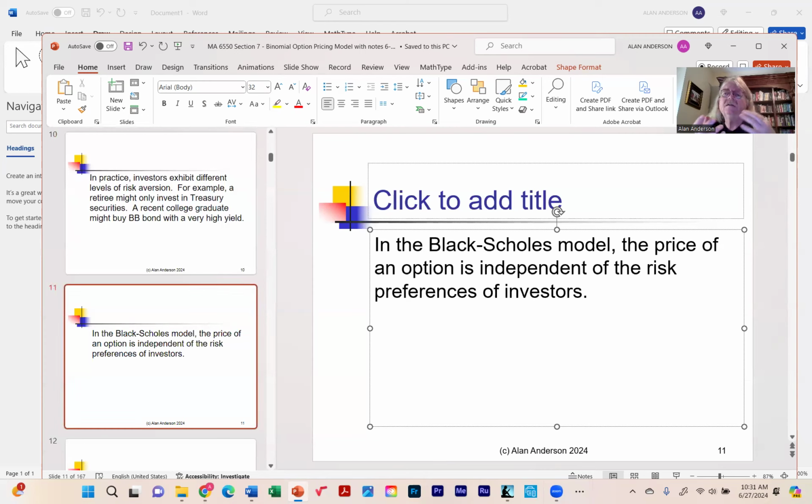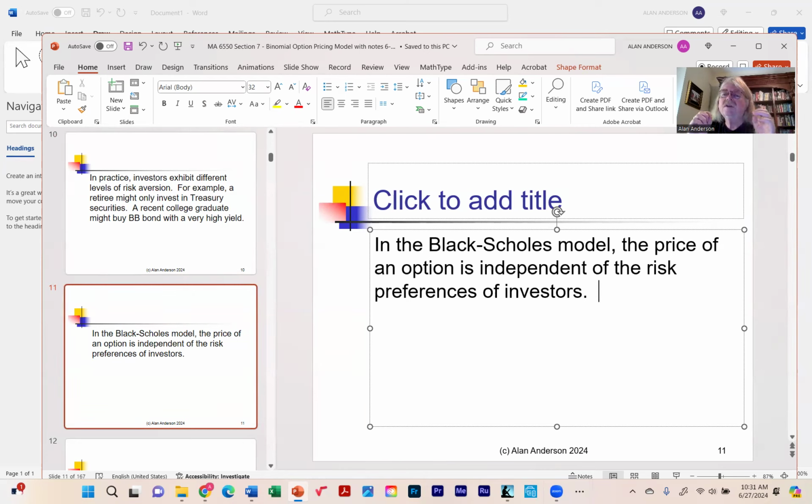So in other words, people's fears about risk and all this and that will affect stock prices for sure. They can affect bond prices again for sure, because who knows what might happen in the future. But with a derivative like this, the price has to be at a certain level, consistent with the asset, the strike price, the volatility, all the rest.